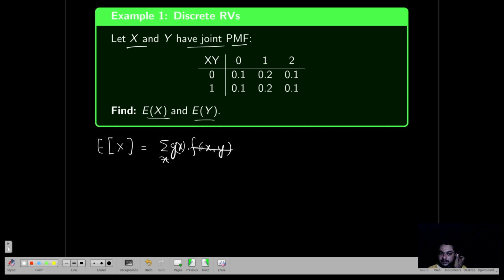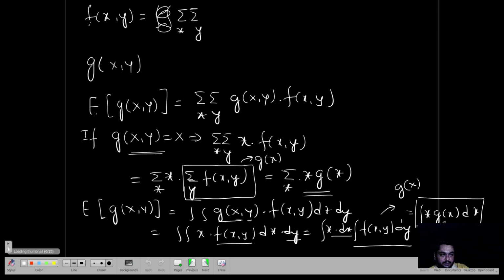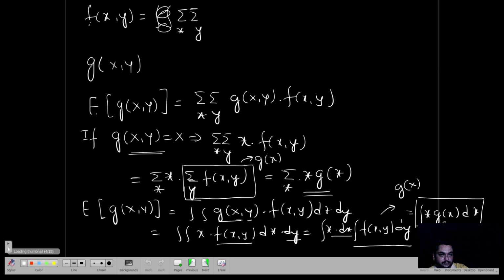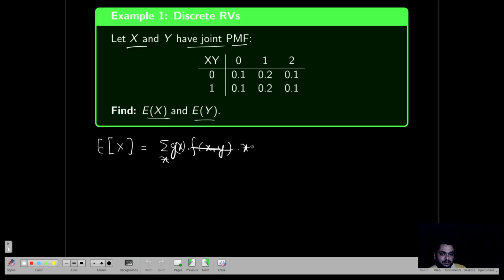Sorry, not f of x comma y. In both ways you can solve. Let us take the marginal distribution, which is what you have derived here, right? x into g of x. With this you can solve, or else you can take the joint PMF and solve.